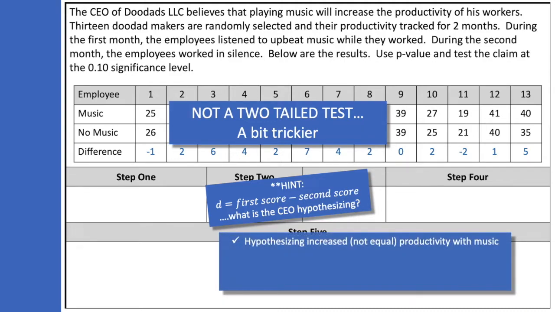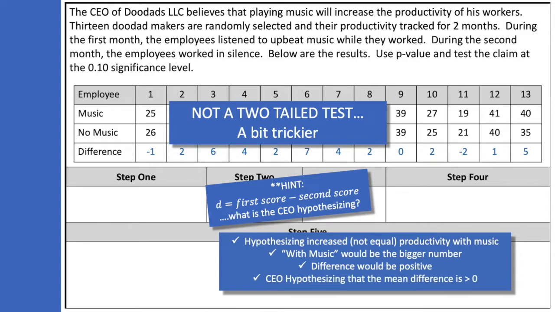Well, he's hypothesizing that there's an increased productivity with music. That means with music would be the bigger number. So the difference between the first and the second would be positive. So the CEO is hypothesizing that the mean difference is greater than 0. And that becomes our alternate hypothesis. Mu sub d is greater than 0, which means that our null is that the mean of the differences is less than or equal to 0.